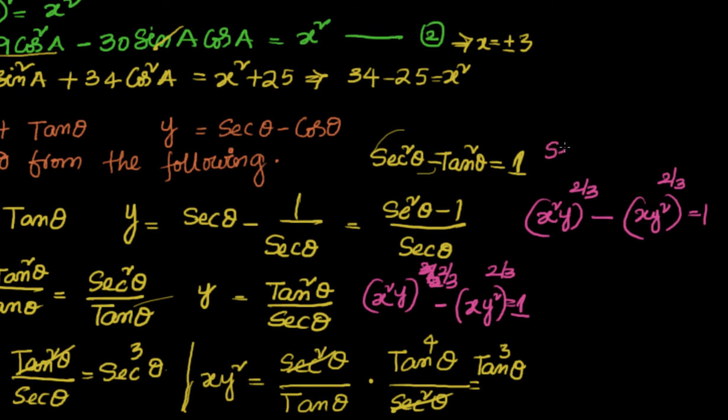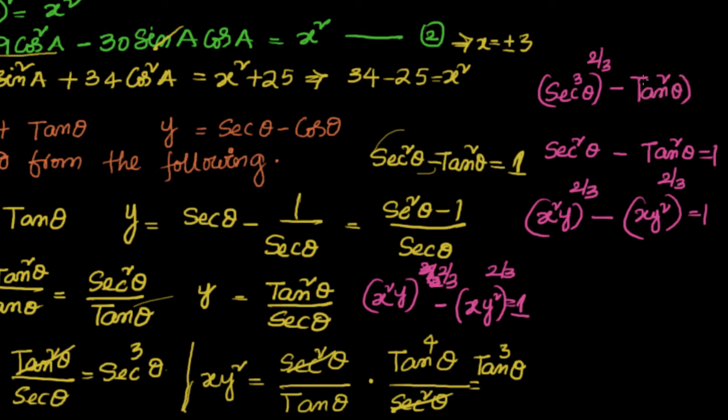Secant square theta minus tan square theta equal to 1. What is the before step for that? Secant cube theta whole to the power of 2 by 3 minus tan cube theta whole to the power of 2 by 3 equal to 1.